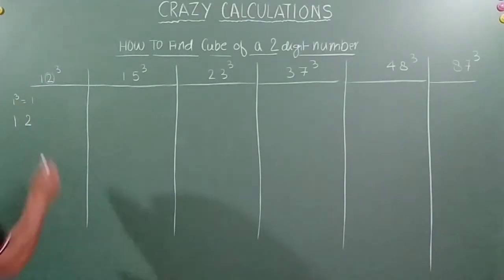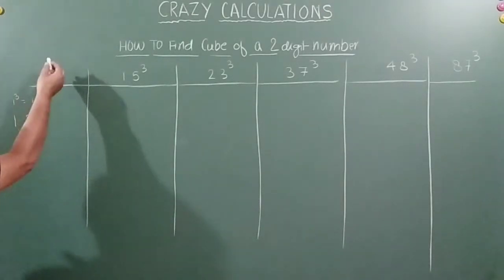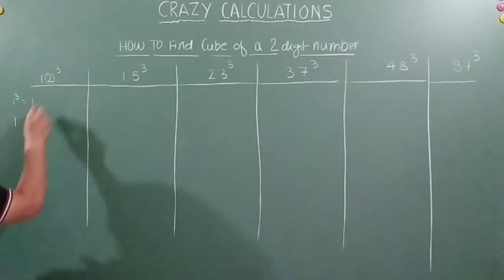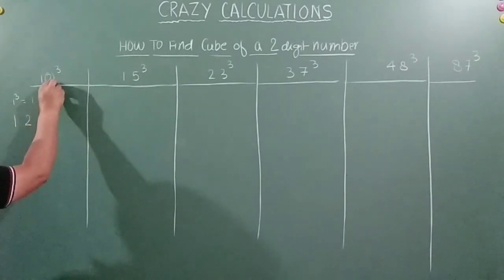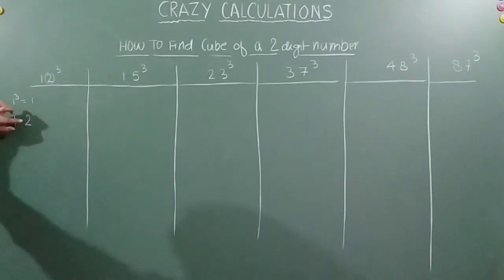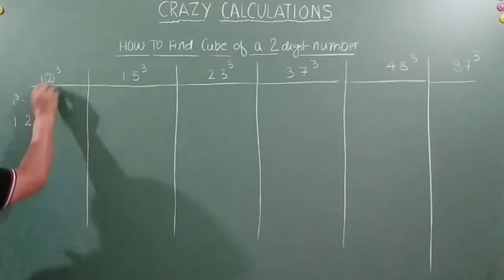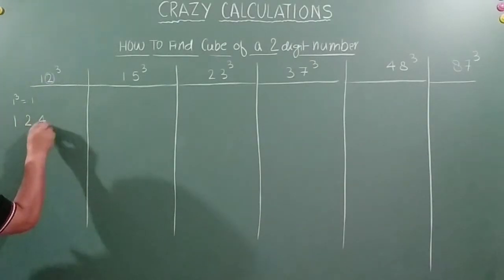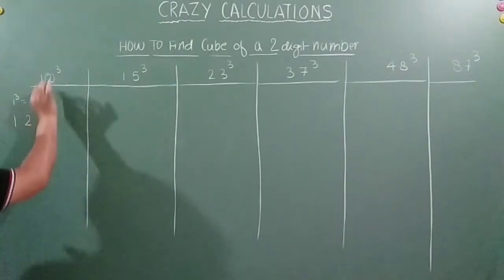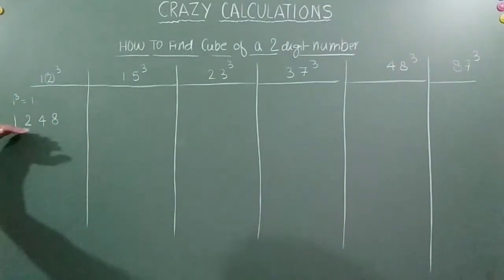Now I will divide this 2 by 1, that is equal to 2, and then we will multiply 2 into 2, that is equal to 4. Now I will divide 4 by 1, the answer is 4. I will multiply the answer with the second digit, that is equal to 8. Right friends? So I got 1, 2, 4, 8.